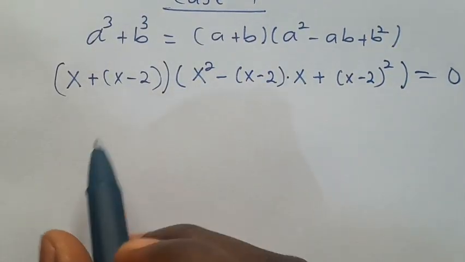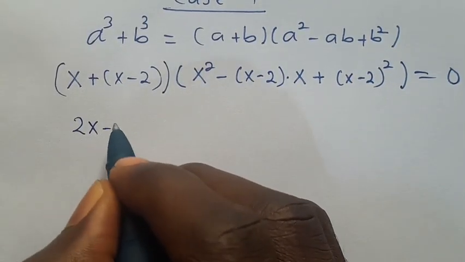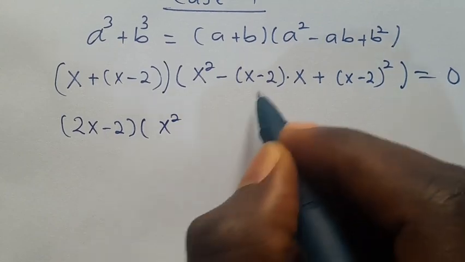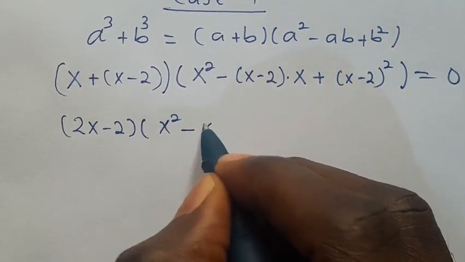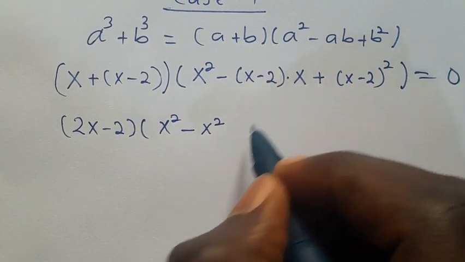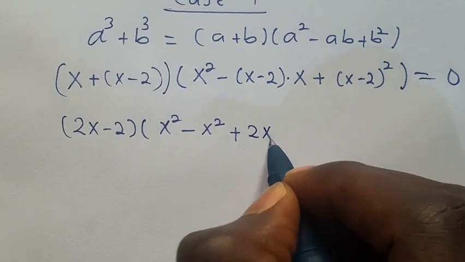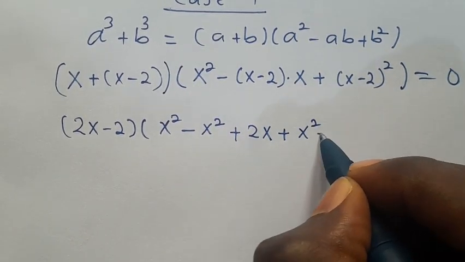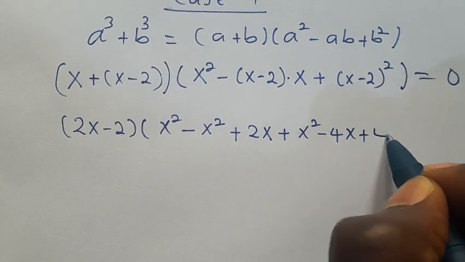So when you open this bracket, here will be (2x minus 2). This will be x square. When you open this, you have minus x square. Minus times minus will be plus 2x. Open this one will be x square again minus 4x plus 4.